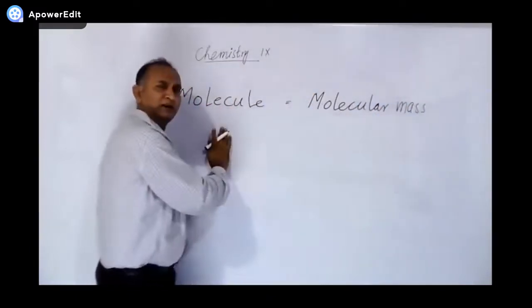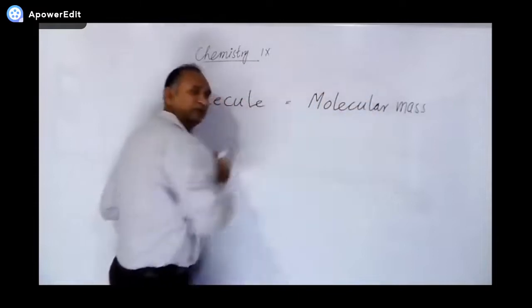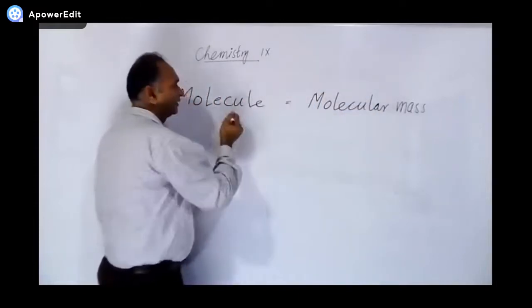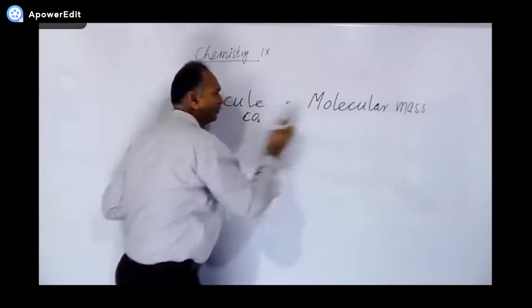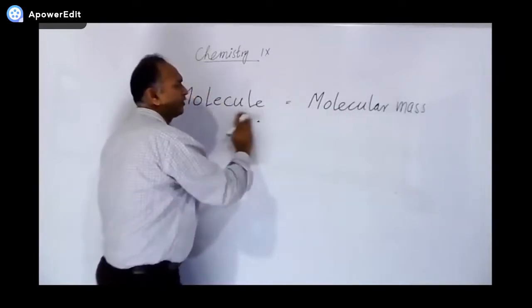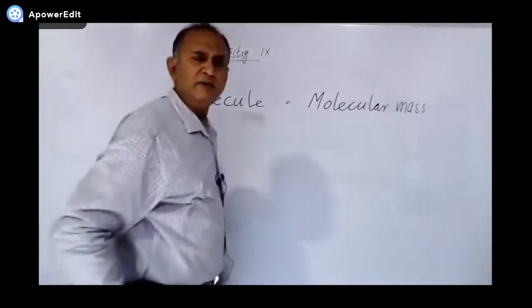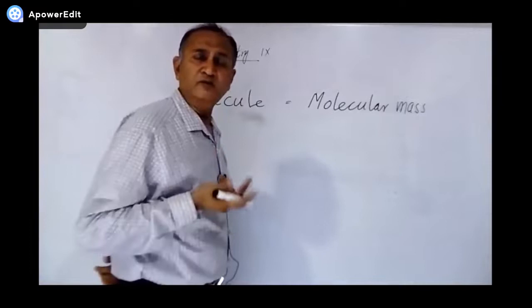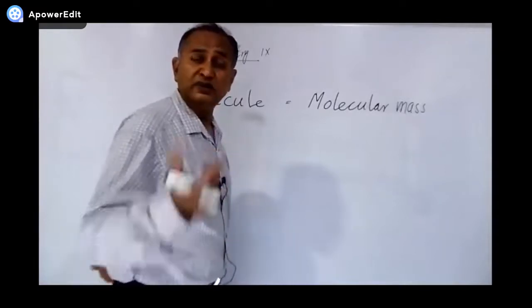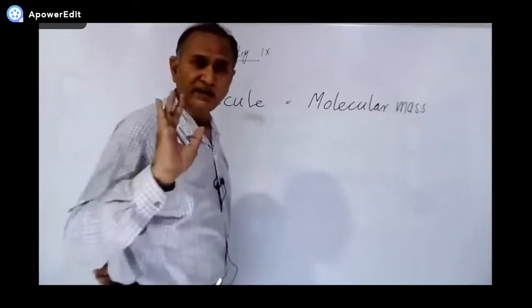Molecule is there, its mass is called molecular mass. Like carbon dioxide, its mass is 44, we can find it out. Yesterday we found the molecular mass of glucose, it's 180, and the molecular mass of sulfuric acid, 98, all right?